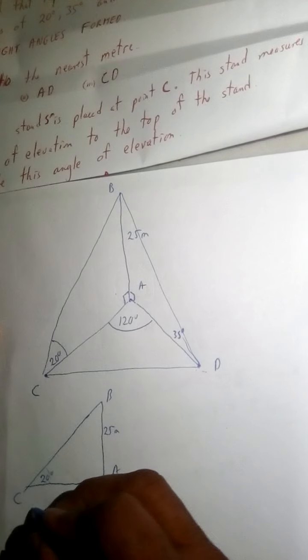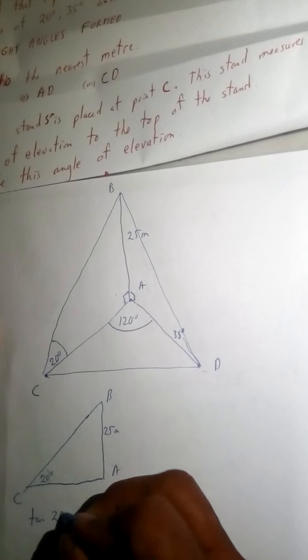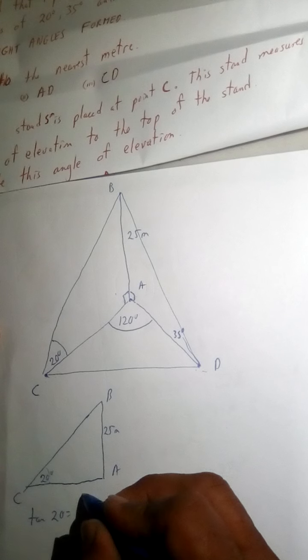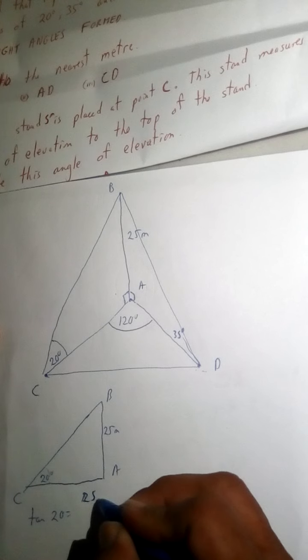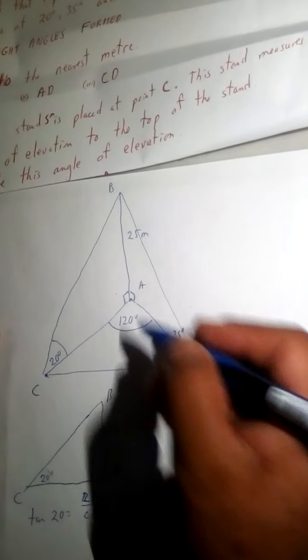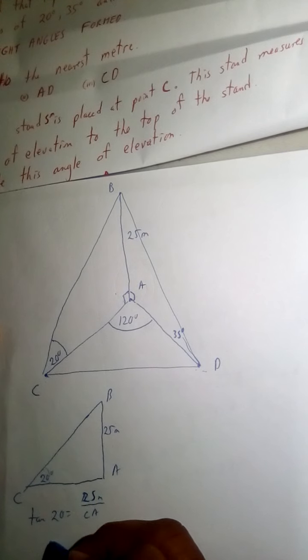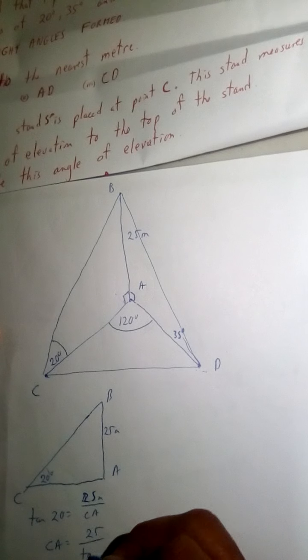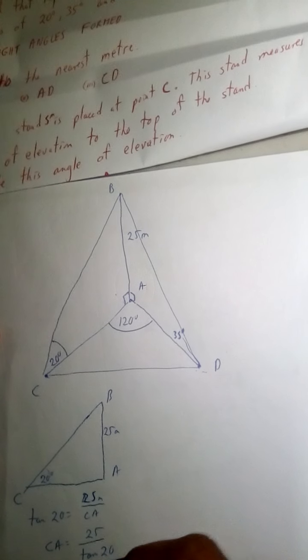So I put tan of 20 equals AB, which is 25, over CA, which is the distance that we want there. So we cross multiply and rearrange the equation, and we end up with CA equals 25 over tan 20.